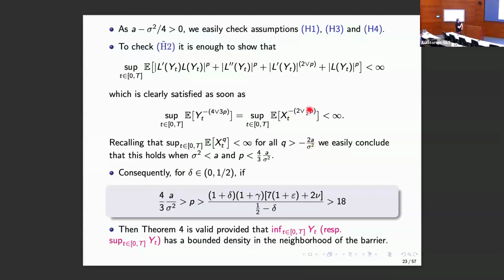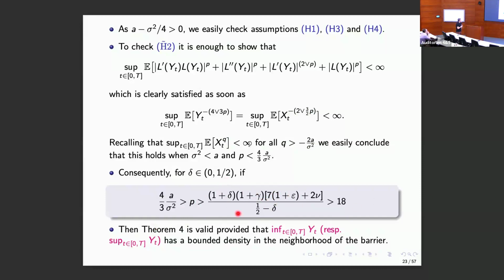So if you put all this together, you would need to achieve a finite moment of your CIR process of this order. But we clearly know everything about the Cox-Ingersoll process. We know when it has finite negative moments, and of course it has finite positive moments and finite negative moments, depending on how you choose the parameters. Putting all this together, we have a lower bound for the condition.